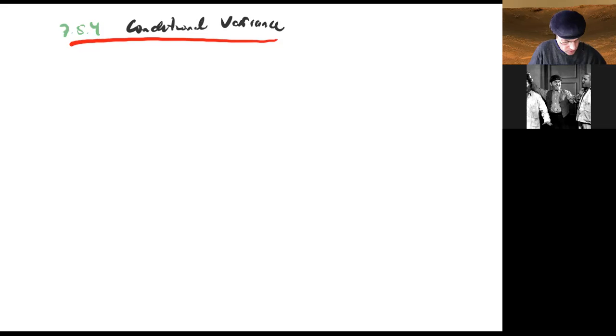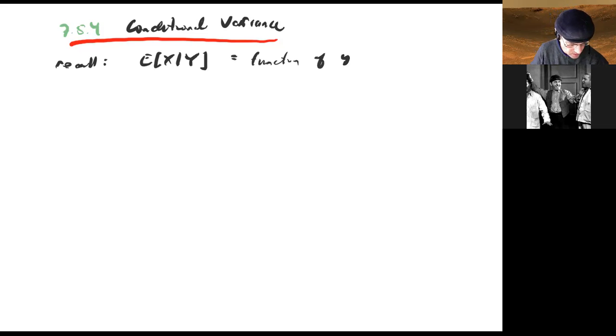Let me remind you, we can talk about the expected value of x given y, which is a function of y. That is, we can talk about the expected value of x given that y equals lowercase y.